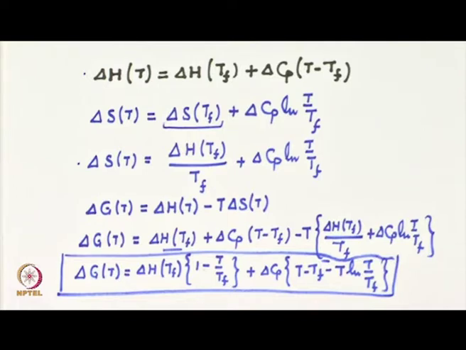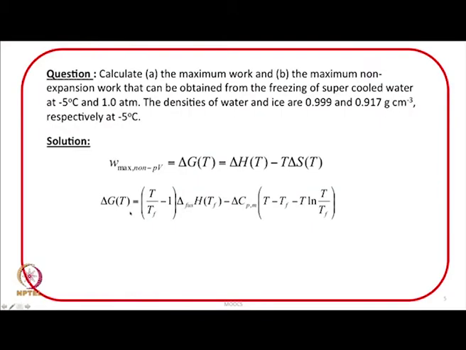So, the maximum work that can be obtained from freezing of supercooled water at minus 5 degrees Celsius and 1 atmosphere is actually going to be the negative of this, and that is why the equation that we are using over here is actually the negative of what we have derived. It is the same equation that we just derived, but with a negative sign, because we are talking about freezing, liquid to solid.